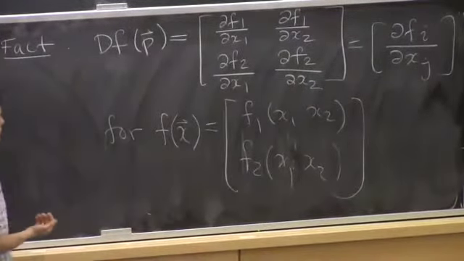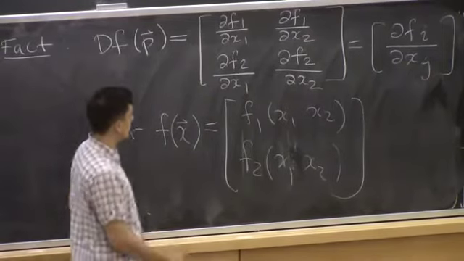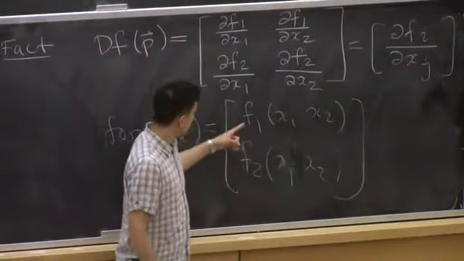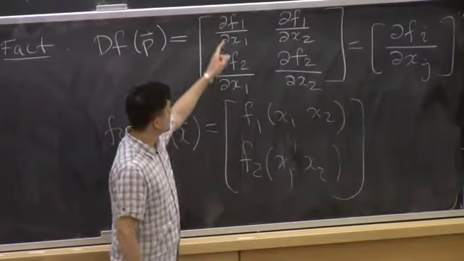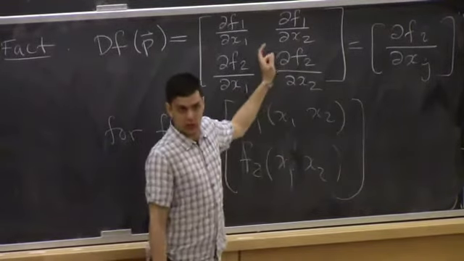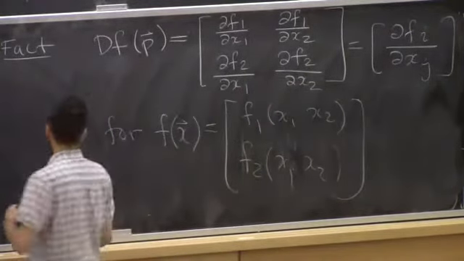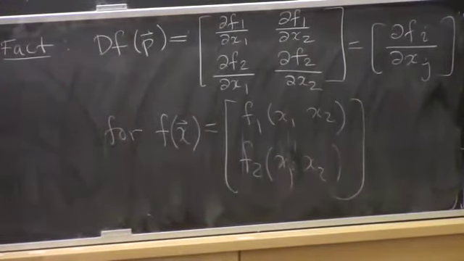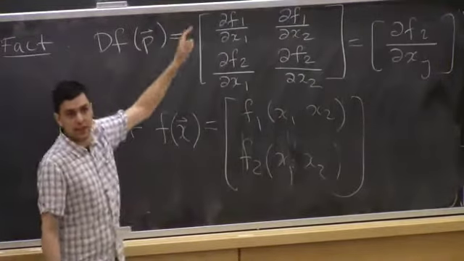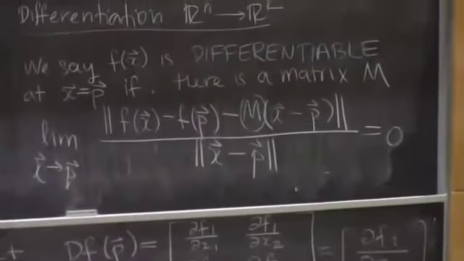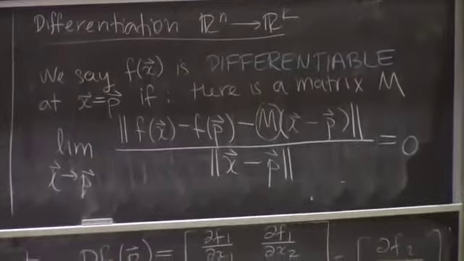Okay, so here our function has 2 inputs, has 2 outputs, so we get a 2 by 2 matrix. Okay, so this is the matrix of partial derivatives, and it is the choice for our M that we want here. Okay, so let's find a couple of these.